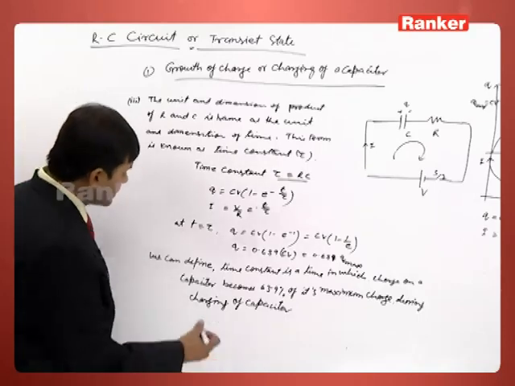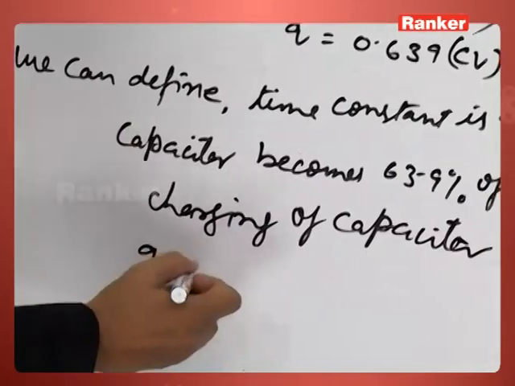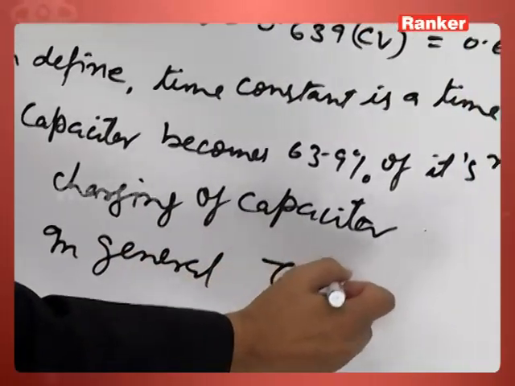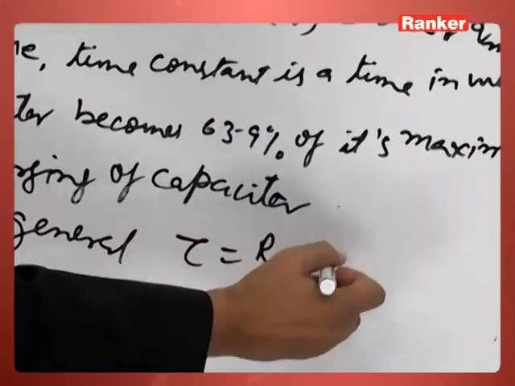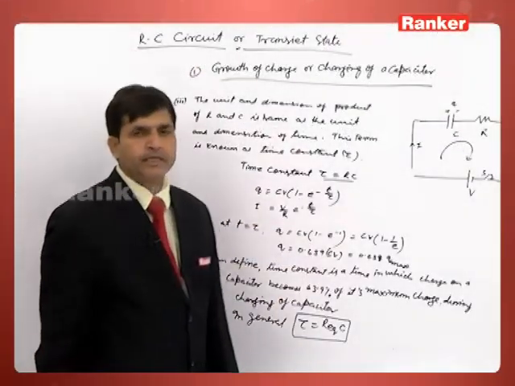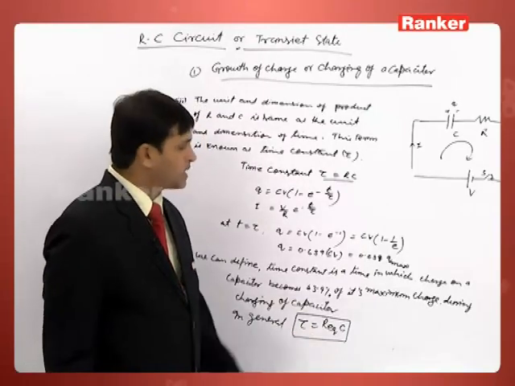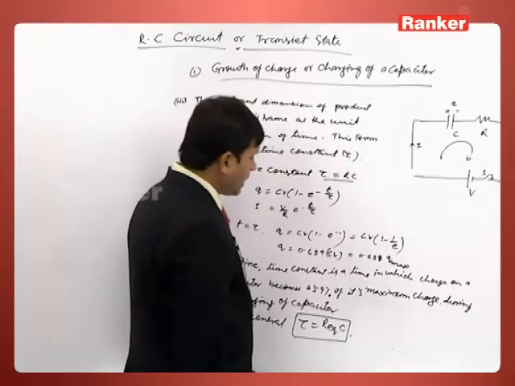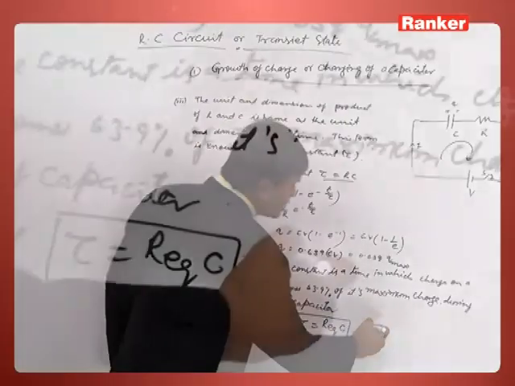So in general, the time constant tau we can write as R equivalent into C. By this relation, we can determine the time constant for any complicated circuit. So what is R equivalent?